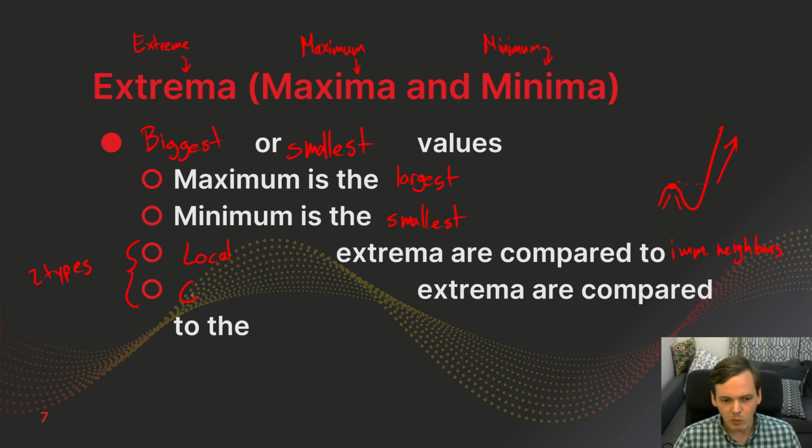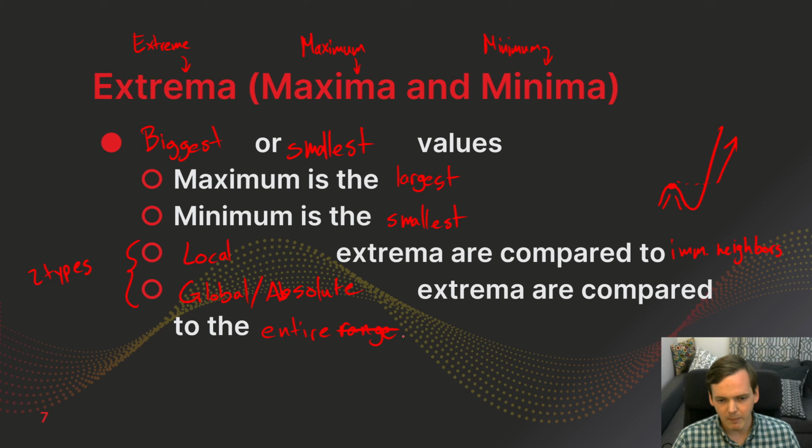And then global or absolute extrema are compared to the entire range. So if it's bigger than all the other numbers on the interval or on the domain.